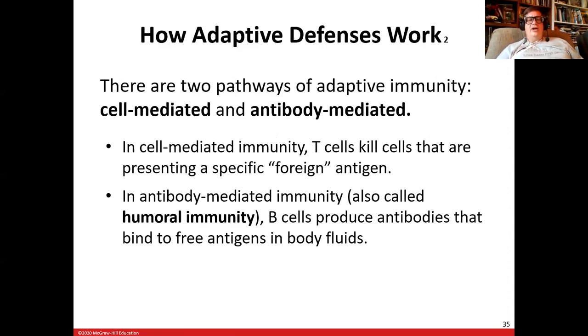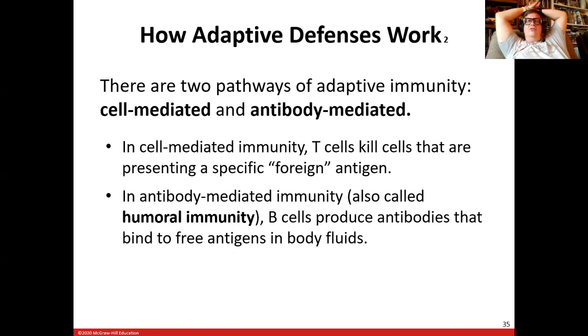There are two types of adaptive immunity: cell-mediated and antibody-mediated. You can see this. The cell-mediated, T cells kill cells that look foreign. Example, that would be the cytotoxic T cells I was talking about. In antibody-mediated or humoral immunity, let's break that down.